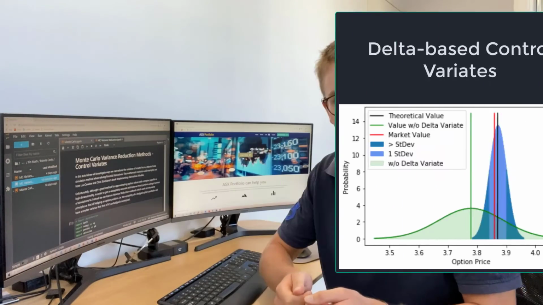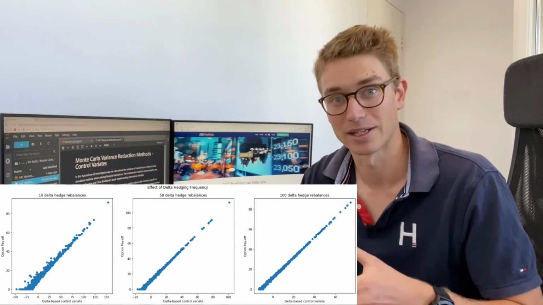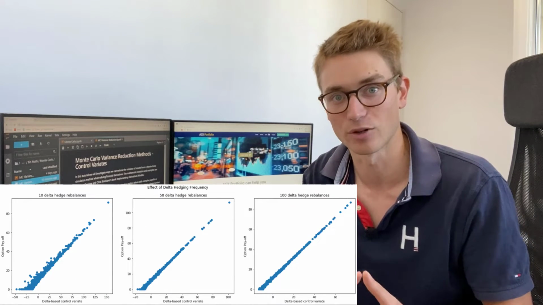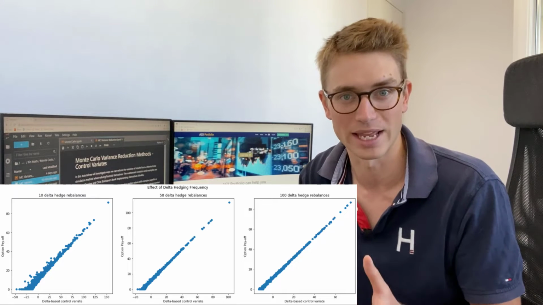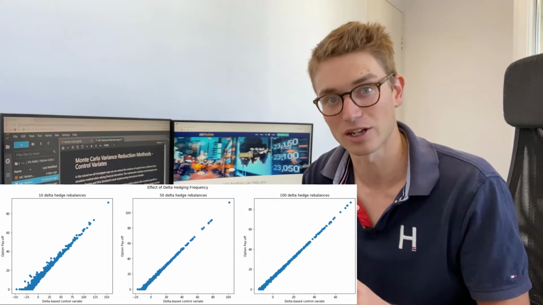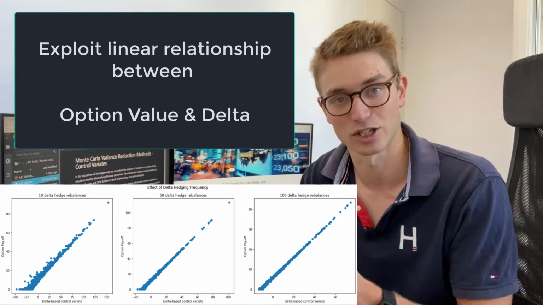But instead of doing that, because it's computationally intensive, to reduce the error and to reduce that standard error, that deviation that you have around your estimate, we're going to look for something that's very highly correlated with the option product that we're dealing with. In this case, we're going to look at delta-based control variates.